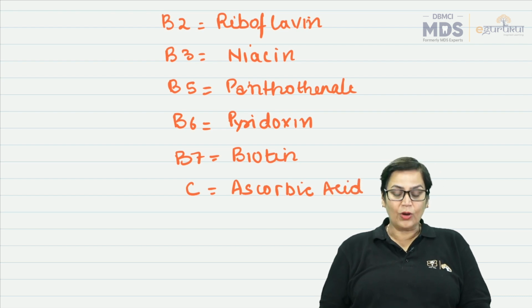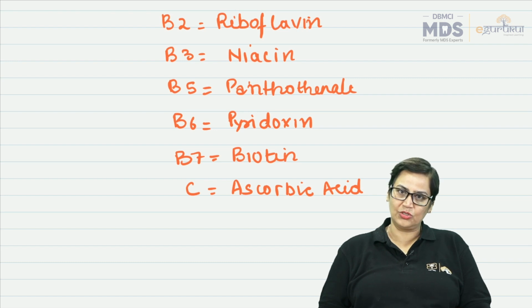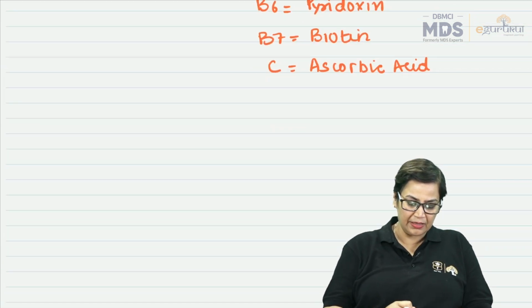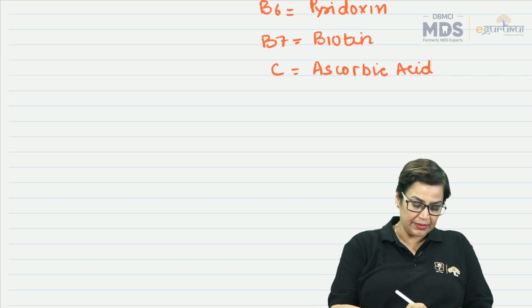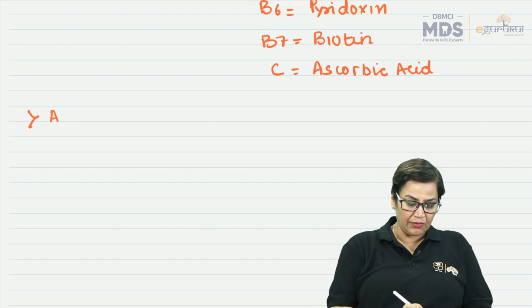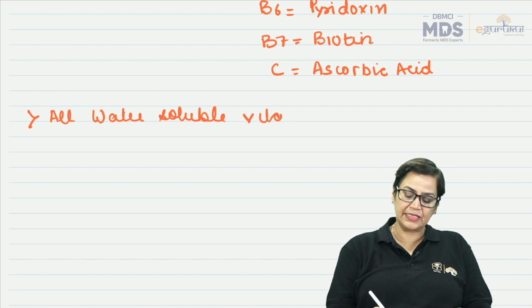Right? Now, what are the important points which you should remember about fat-soluble and water-soluble vitamins? Now, see, the important feature is, always remember that all water-soluble vitamins function as coenzymes.